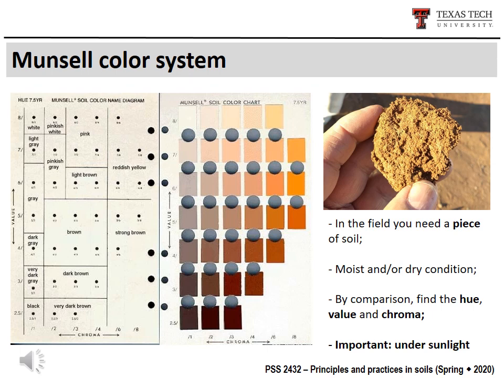You can collect a soil sample, the soil profile, and you can measure the soil color under moist or dry condition. Compare the soil color using your eyes with the Munsell color chart.